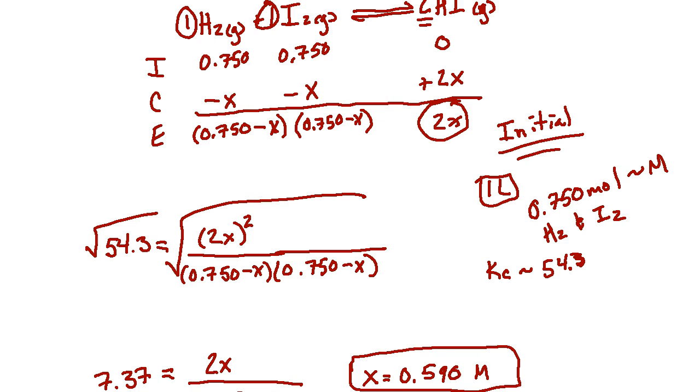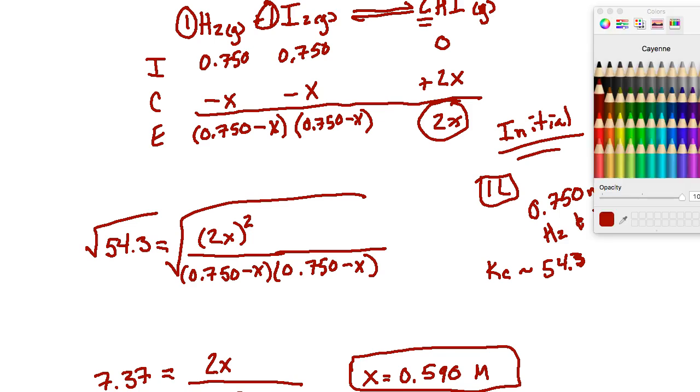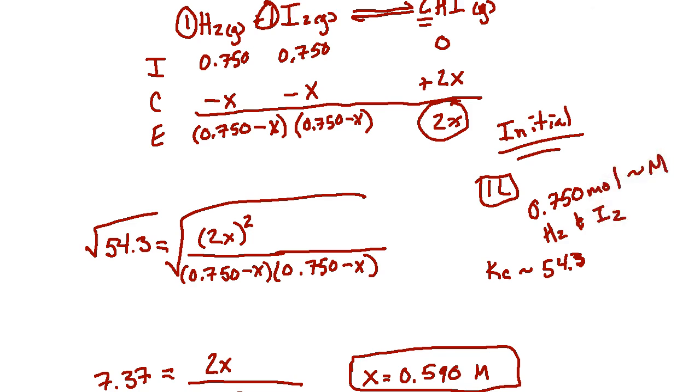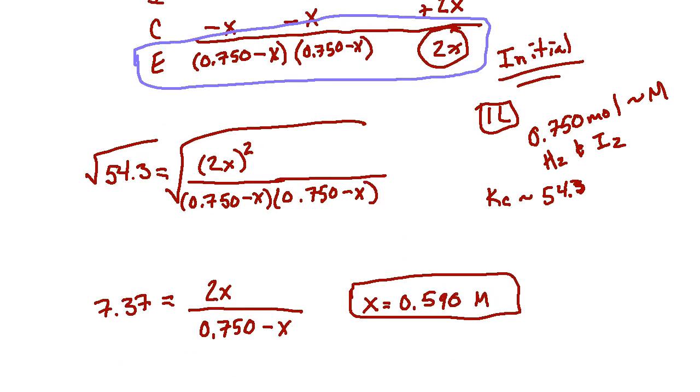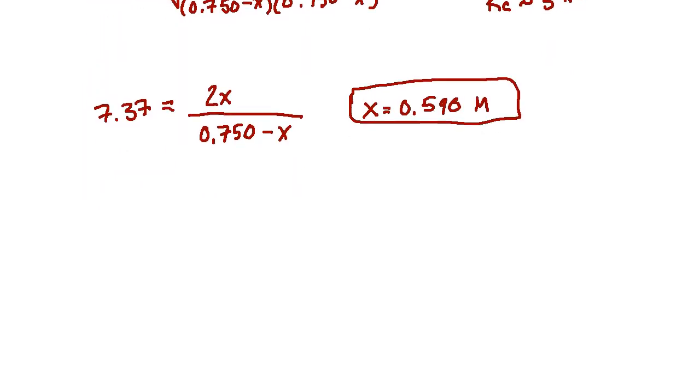So in other words, I know what x is, but if you look at equilibrium here, let's highlight this in a different color. If I look at equilibrium, these concentrations are not just equal to x, right? I have to plug them in. So this is really the more simplistic part. I just have to plug x in and figure out what it is.